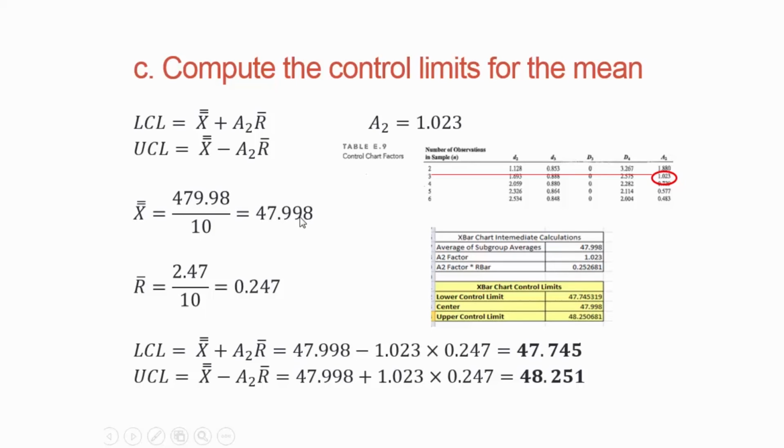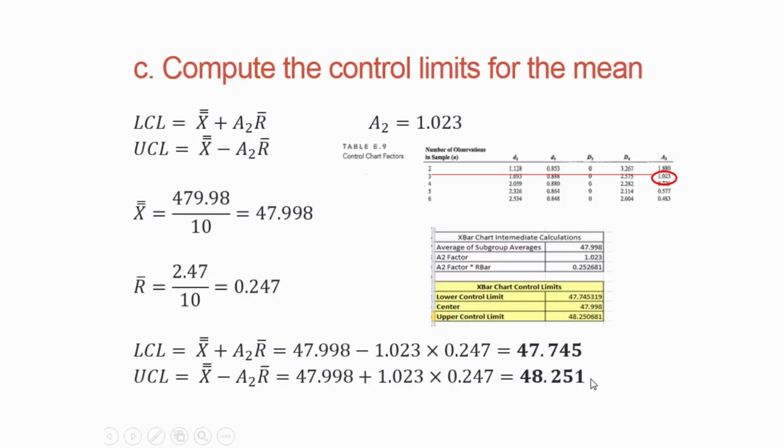And then the A2 value comes from our control chart factor table again, 1.023. And so we multiply that by R bar and add and subtract it from our center line. And that gives us the upper and lower limits for the control chart. And you can see those are the same here. If I did it with PHStat, I'd come up with the same answers right there.